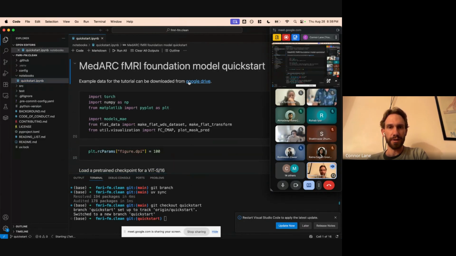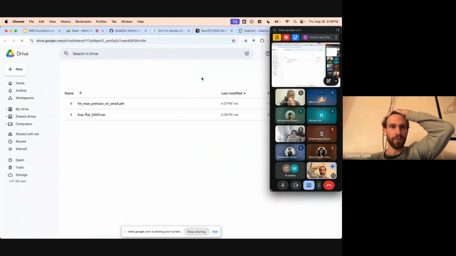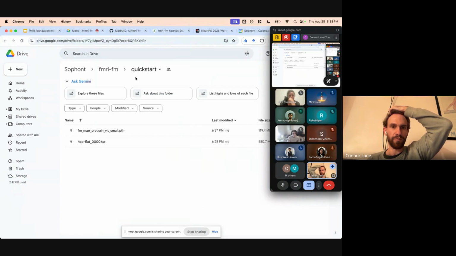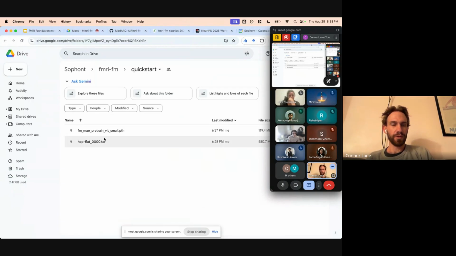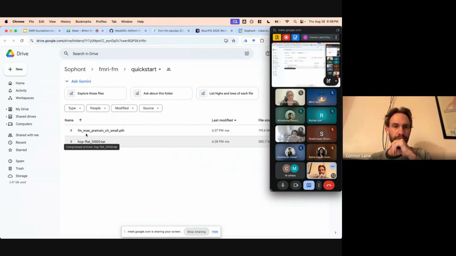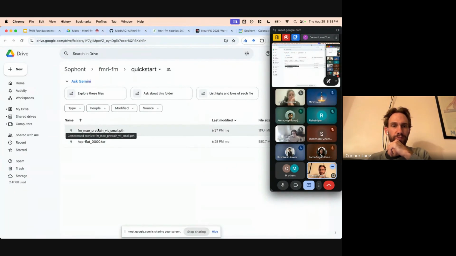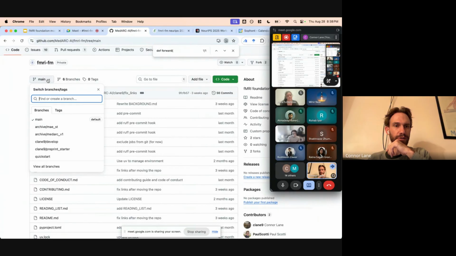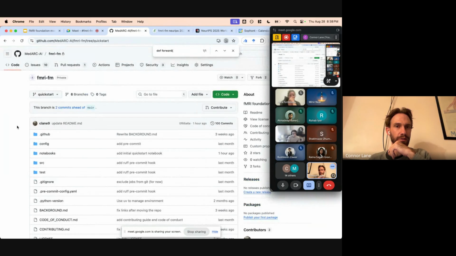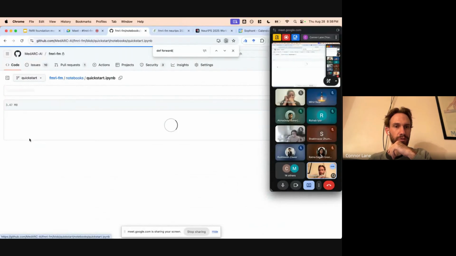I uploaded some example data and an example checkpoint to Google Drive, and I made this public, so you should be able to download this stuff. It has one shard of the HCP flat dataset and a checkpoint for a pre-trained ViT small. If you want to follow along, it's in the quick start branch: you navigate to the quick start branch, notebooks, quick start notebook.